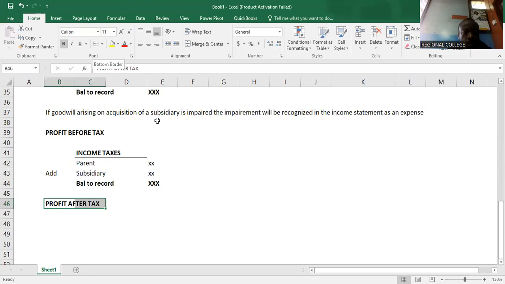Once you get your profit after tax, remember this amount belongs between the parent and the subsidiary. So you have to reduce it so that you give the subsidiary the portion of their share from the profit after tax. That means you will have to less the share of profit after tax to non-controlling interest.